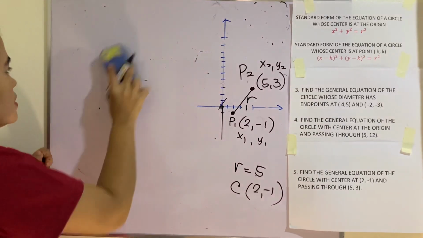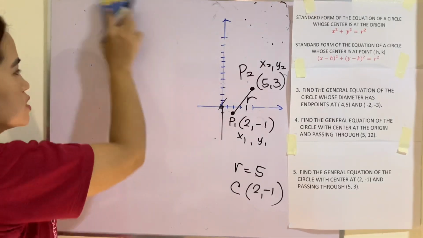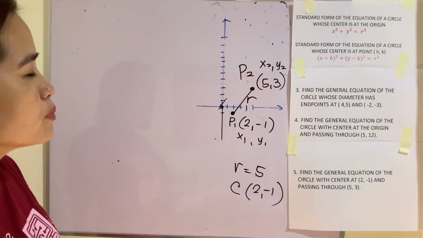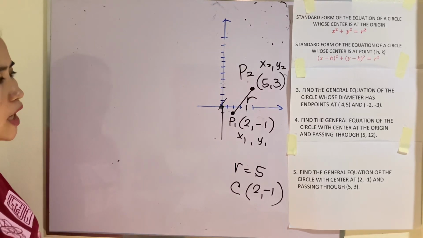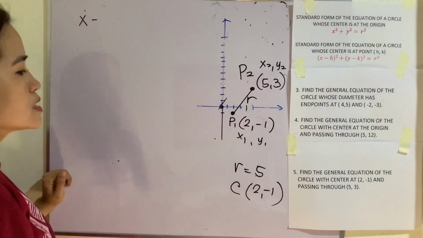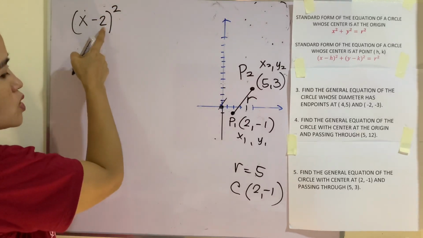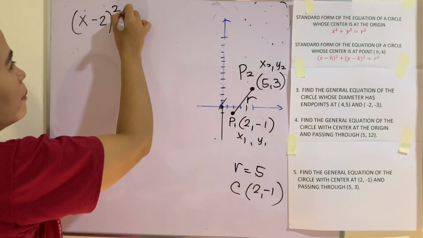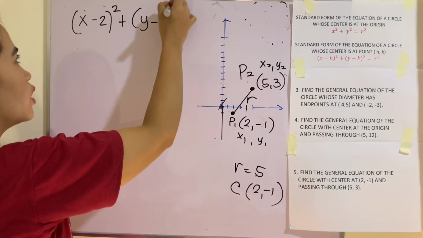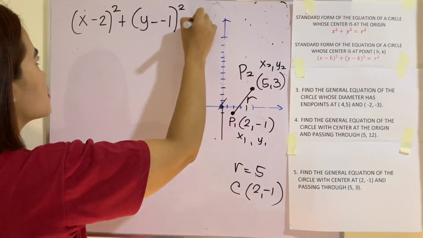So we will be using the second formula this time because our center is not at the origin. Our center is, of course, at point (2, negative 1). So this is x minus 2, this is the x coordinate of the center, plus y minus negative 1 squared is equal to 5 squared.